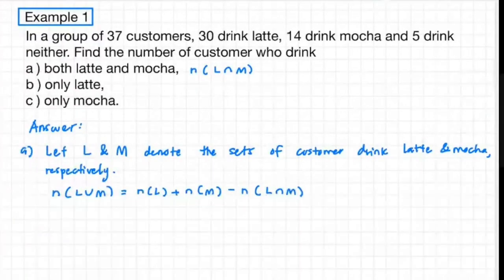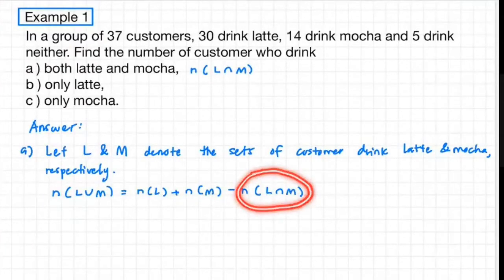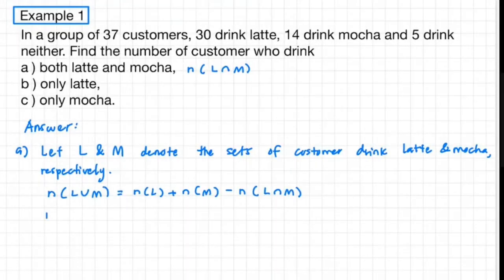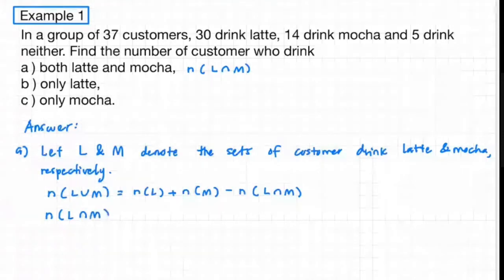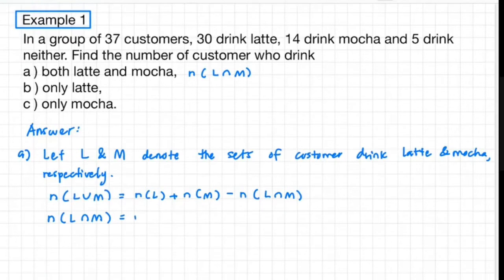Now you want to find this one, right? So we need to rearrange this formula. You will have N(L intersection M) equal to N(L) plus N(M) minus N(L union M).